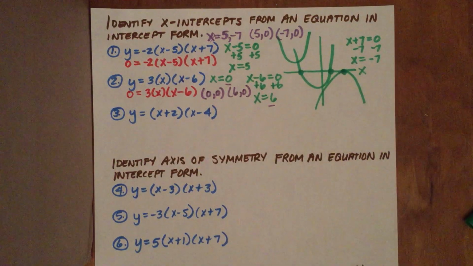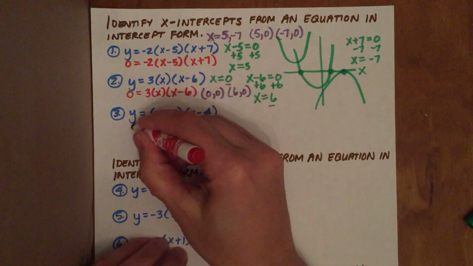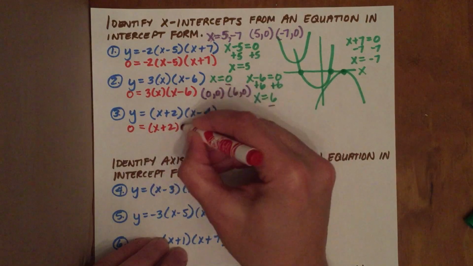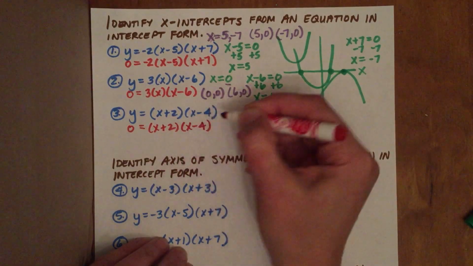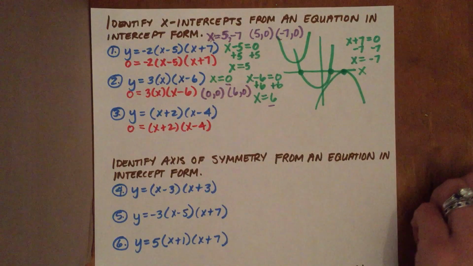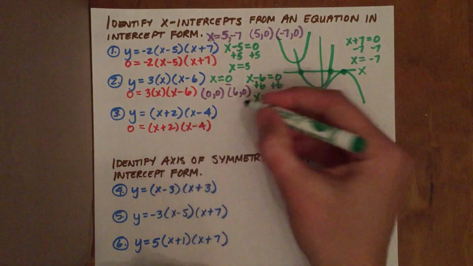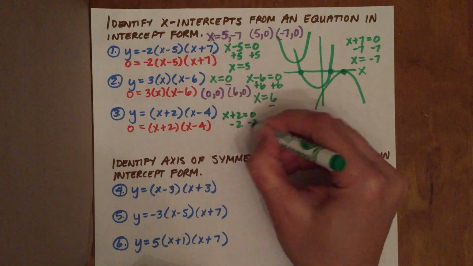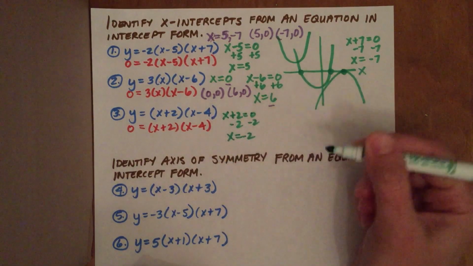So let's look at our third example. We have 0 equals x plus 2 times x minus 4. We're looking for the 2 values that will make these factors 0. What would make x plus 2 equal 0? Let's solve it out, and x would equal -2.